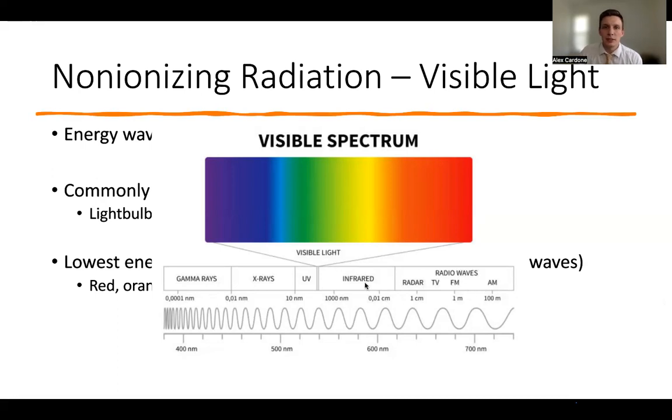Right in between infrared and ultraviolet, or UV, we have the visible spectrum, or visible light. Since infrared is a lower energy than ultraviolet, we see red, orange, yellow, green, blue, indigo, violet. Yes, indigo, violet.